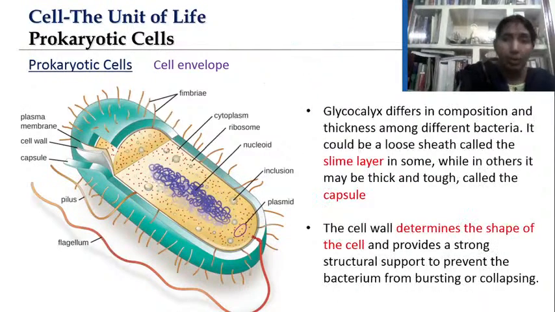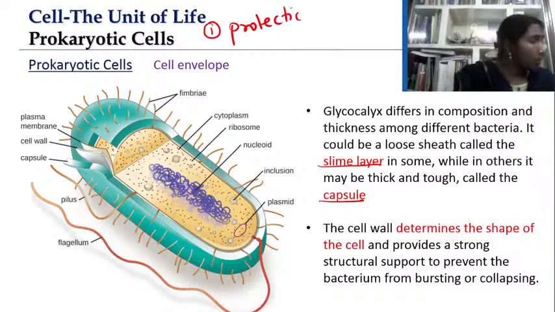Now I said the glycocalyx will differ in composition. As in the previous slide, it can be a slime layer, which is very loose, or sometimes thick and tough, which is called the capsule. Now what are the functions of the slime layer or the capsule? First and foremost, they give us protection, and next they block the attachment of various bacteriophages.